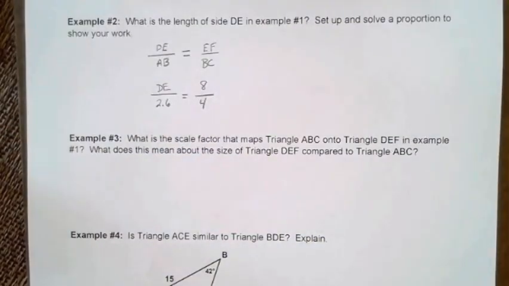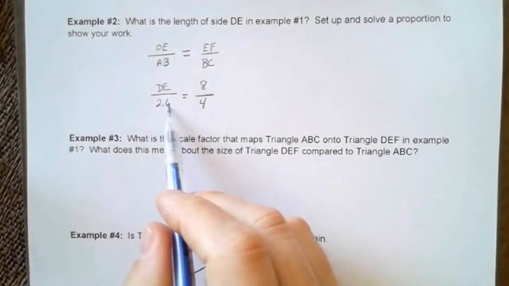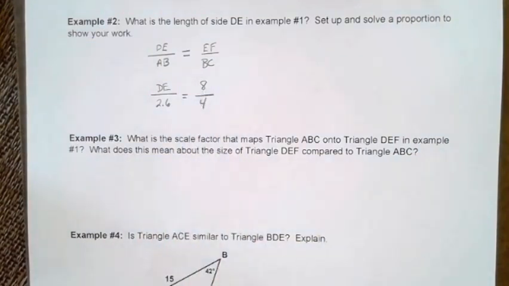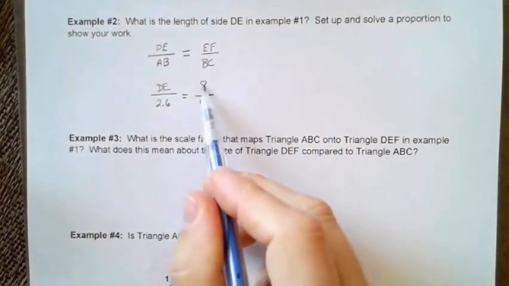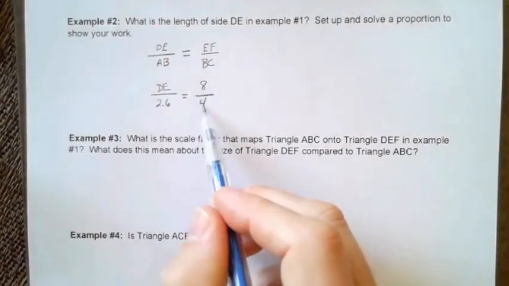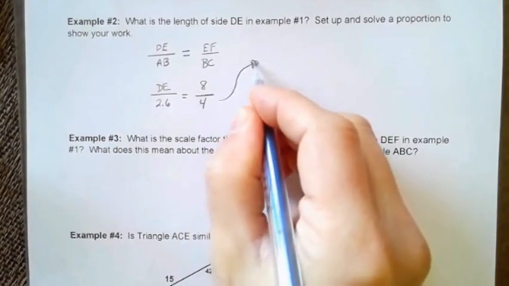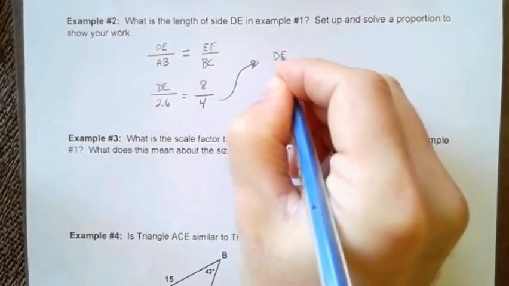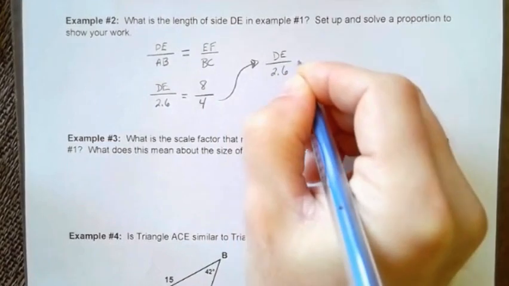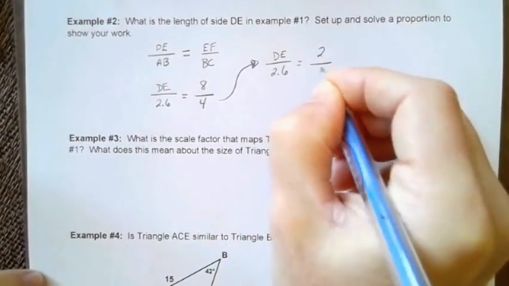There's my proportion. I can simplify 8/4 down to 2 over 1. So now DE over 2 6/10 equals 2 over 1.